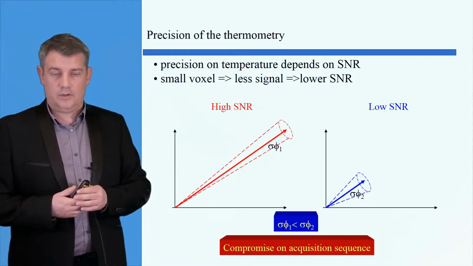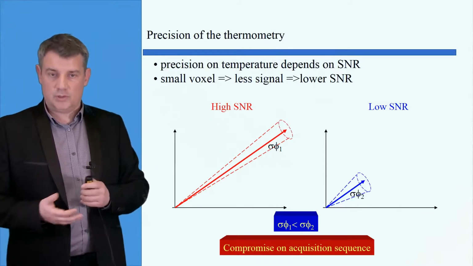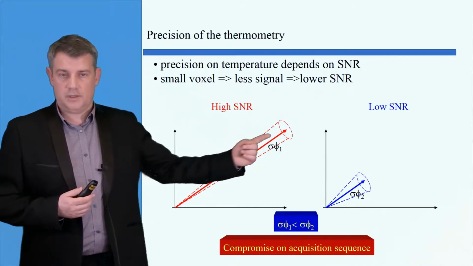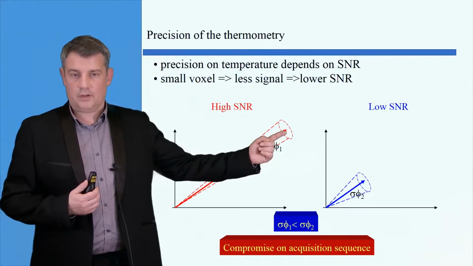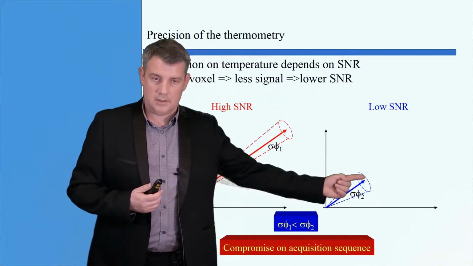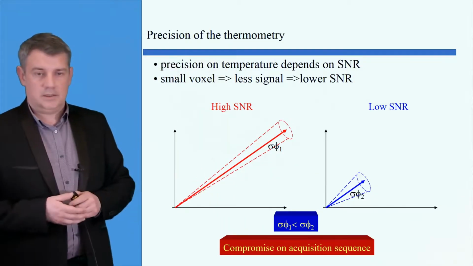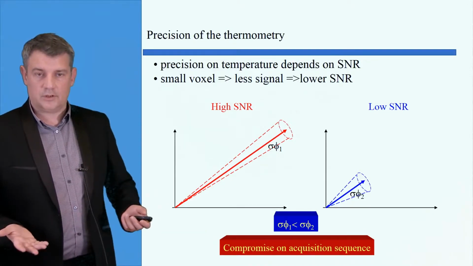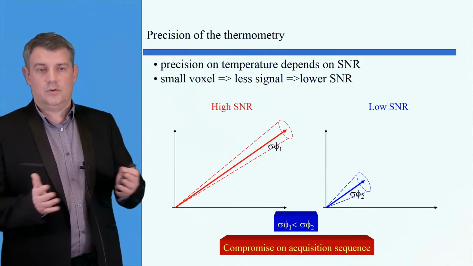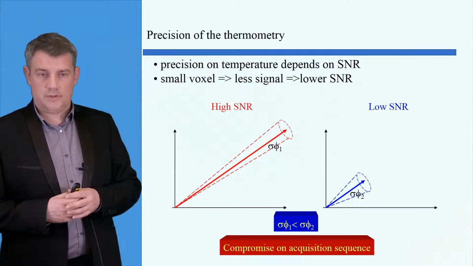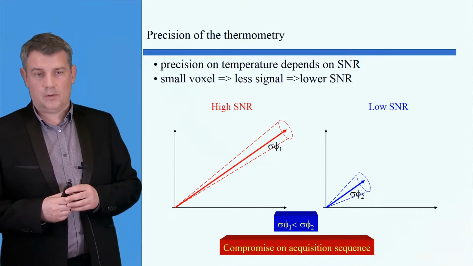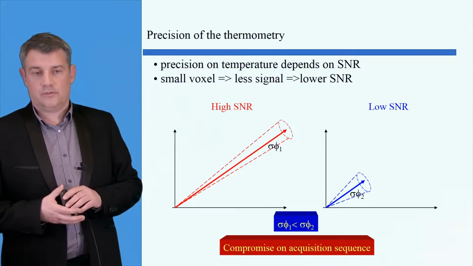So for each measurement in both conditions, you have a certain probability to get this vector inside this cone, or in the second situation, inside this cone. But since the length of the vector is much smaller in the case of a lower SNR, you get a much larger aperture of this cone, and as a consequence, you have a much lower precision of the thermometry.